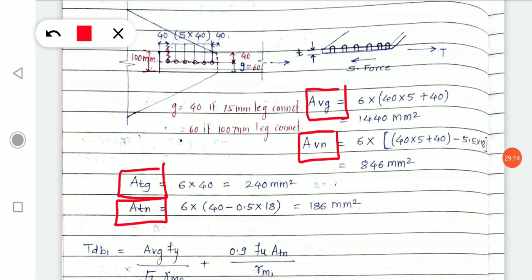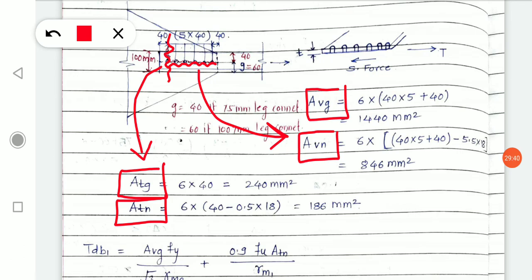Now let's discuss where this gross shear area will be and where the tensile area will be. See, this face is under shear, therefore that area will be a shear area. But this vertical plane is in tension, as I mentioned before. Therefore, for that we will calculate the tensile area.